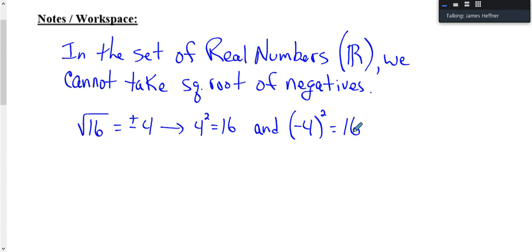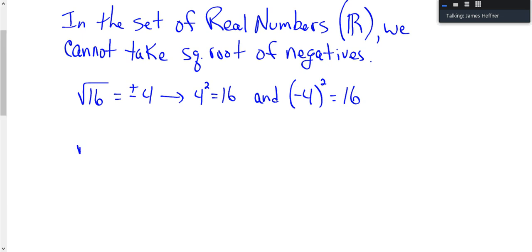Because anything we square, we always end up with a positive number, right? Everybody with me? Okay, so let's talk about taking maybe the square root of negative 16.